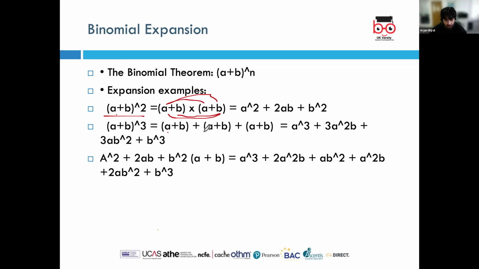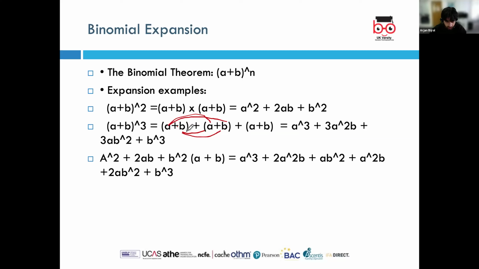I'm just doing A times A, and then A times B, and then B times A. Hold on, I'll just get rid of everything. So I'm doing the same thing. I'm doing A times A, A times B, B times A, B times B. And then after I've done that, I'm just doing it again with this.